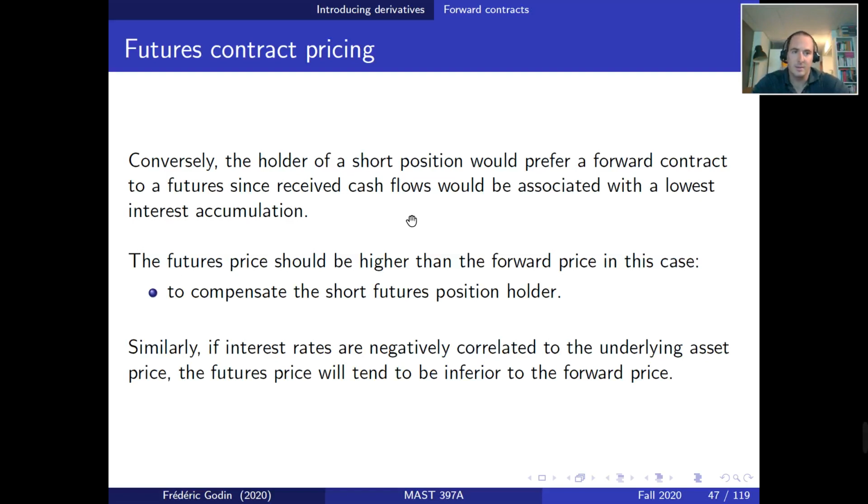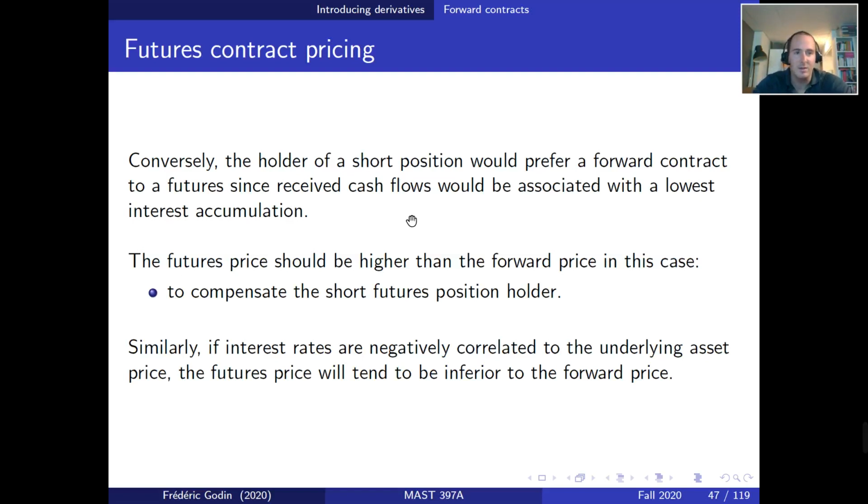Okay, so I explained this without drawing a picture or writing, but you should take a moment, stop here, take a sheet, and try to write down an example of cash flows where you have two cases. Let's say interest rates are high and low, and what happens when they increase, what happens when they decrease at the same time as the stock.